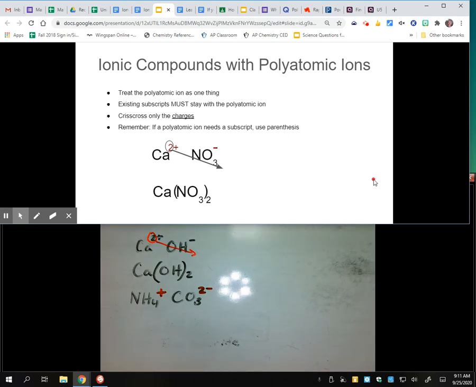The existing subscripts must stay. So here, the charges don't add up to equal 0, so I'm going to have to crisscross. The only thing that's going to move is that 2, and so I've got NH4, but I'm going to need 2 of them, and that's where that 2 came from, and then carbonate. And that's ammonium carbonate there.